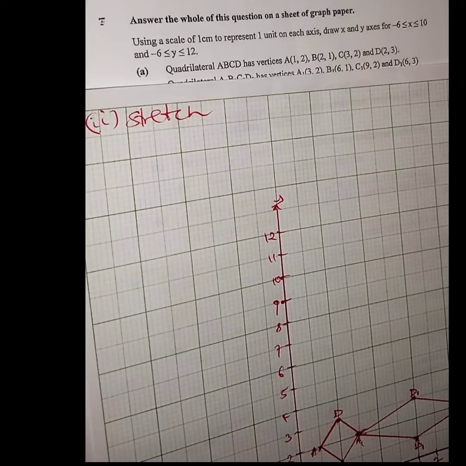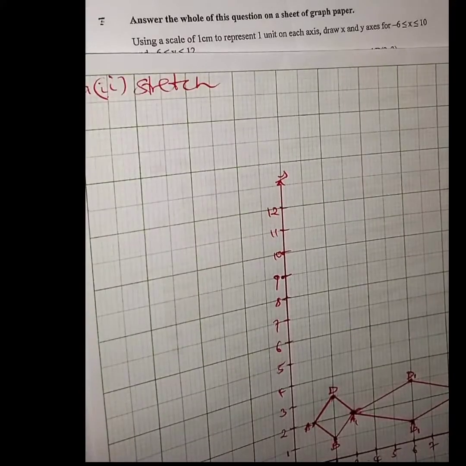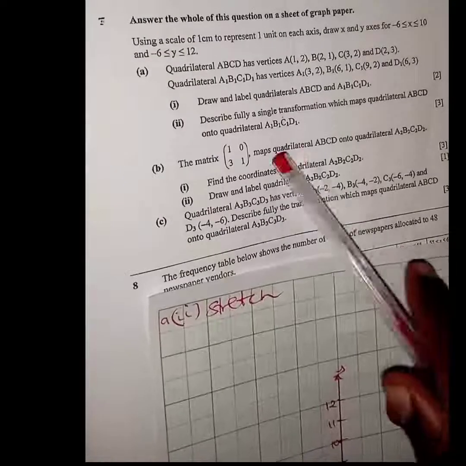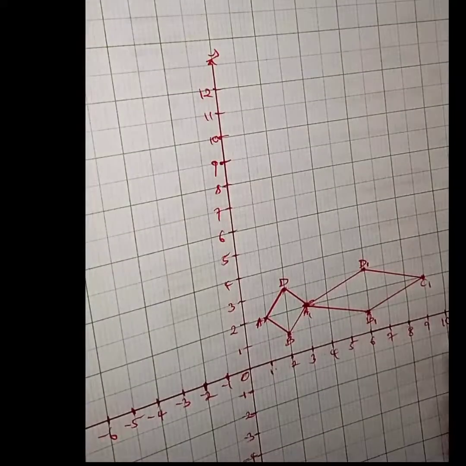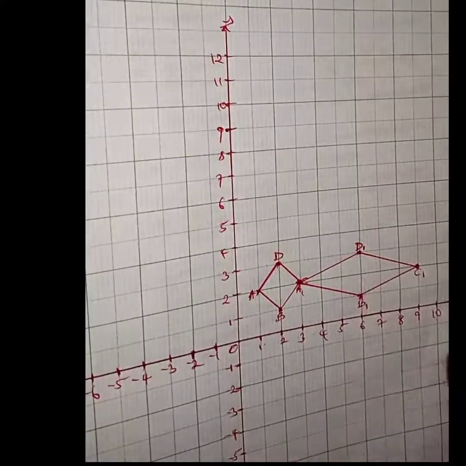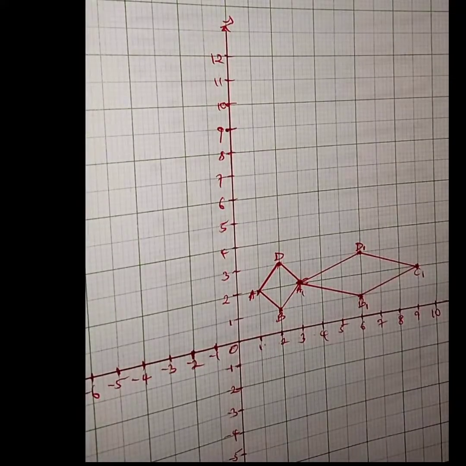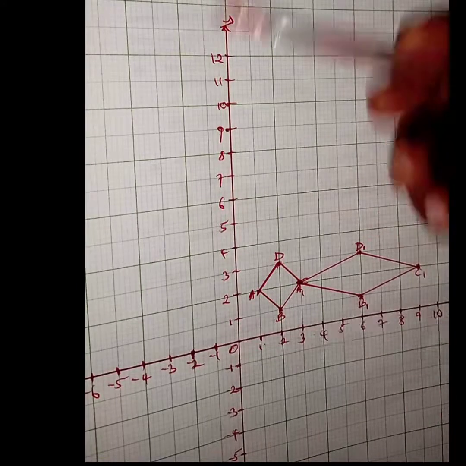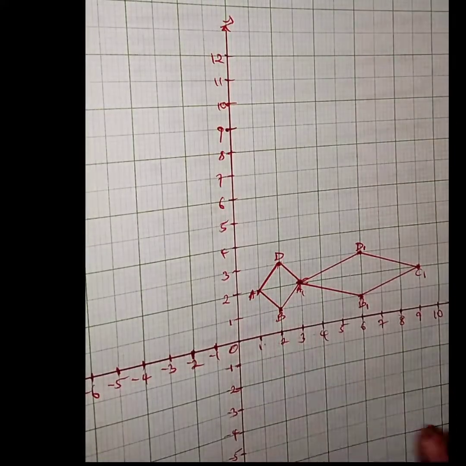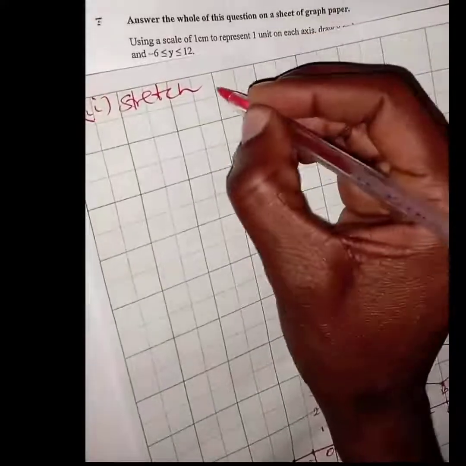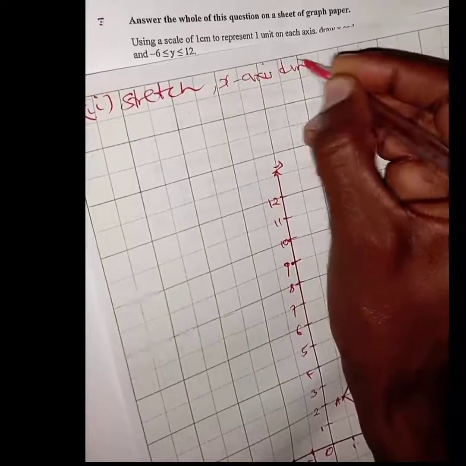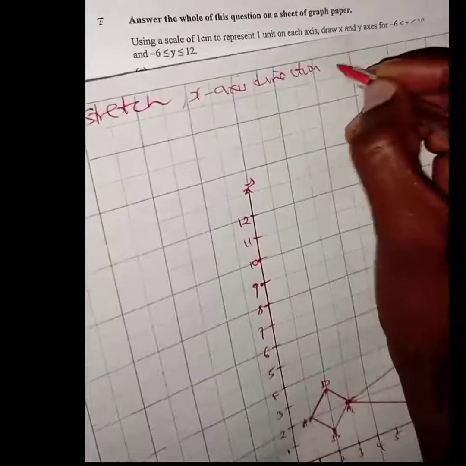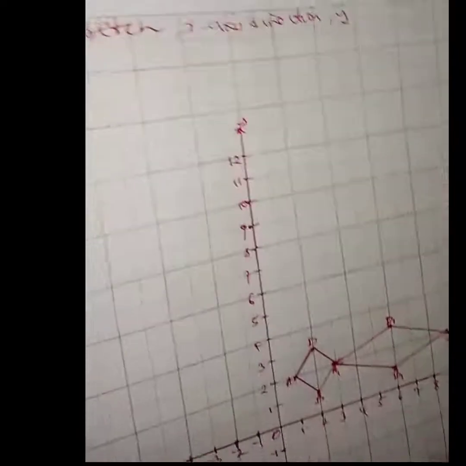Then for a stretch, you need to identify the line which hasn't moved. As you can see, it was moving towards the x-axis, not the y-axis. So it was an x-axis direction stretch. It means y-axis invariant.